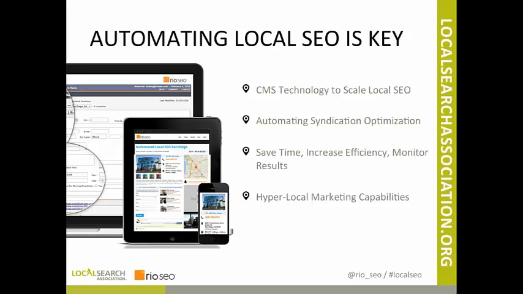And that's what we do at Rio SEO. We offer automated local SEO software that helps you build and manage local landing pages and automate the syndication of your content across search engines, internet yellow pages, data aggregators, and niche directories.